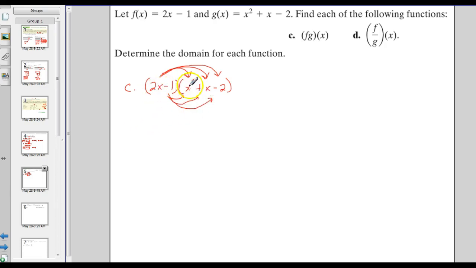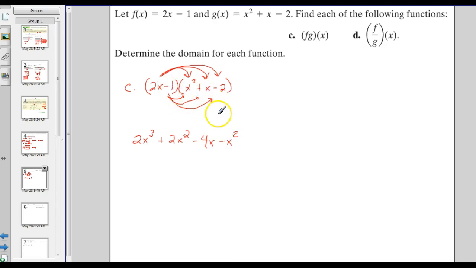So 2x times x squared is 2x cubed. 2x times x is 2x squared. 2x times negative 2 is negative 4x. And now I've distributed the 2x through, now I distribute the negative 1 through. So negative x squared.